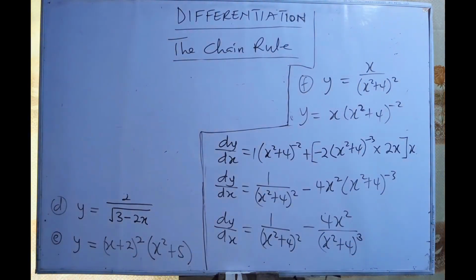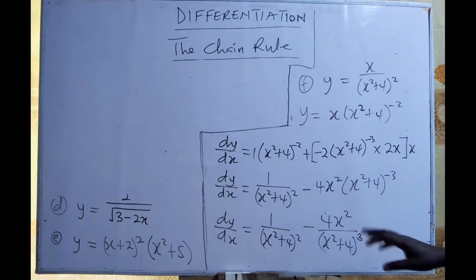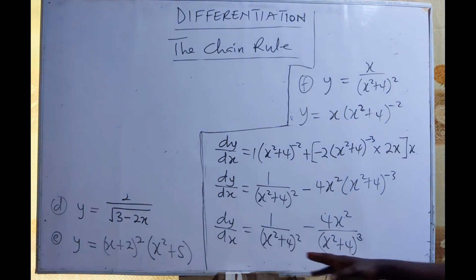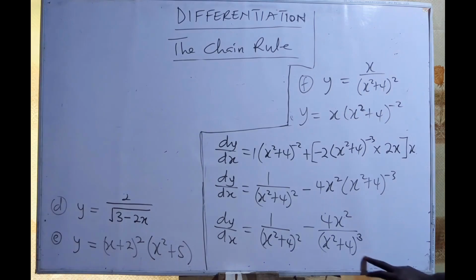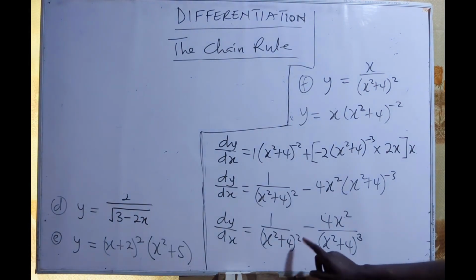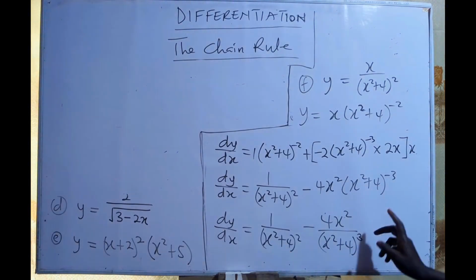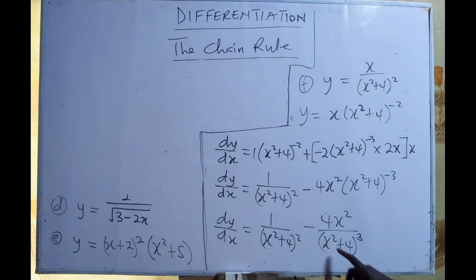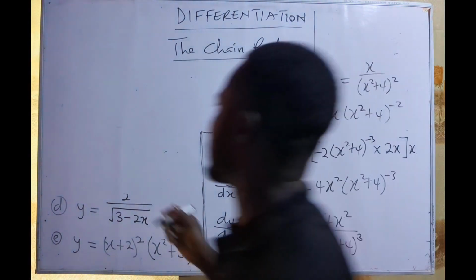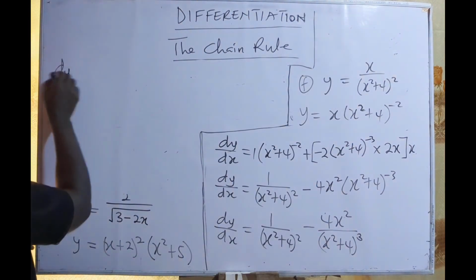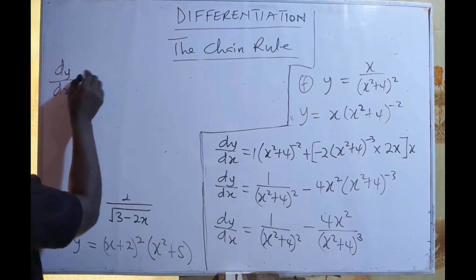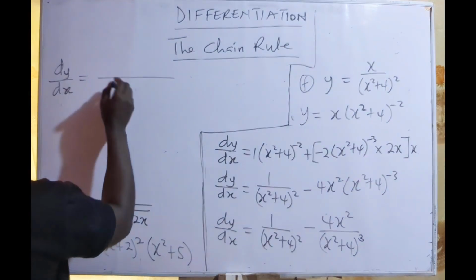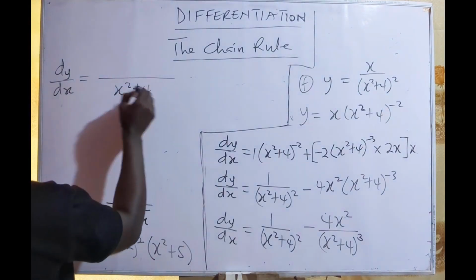If you like, you can also decide to write this as a single fraction by finding a common denominator, the LCM. We have (x squared plus 4) all squared and (x squared plus 4) all cubed, so this is a factor of this. So dy on dx is equal to, the LCM will be (x squared plus 4) all cubed.